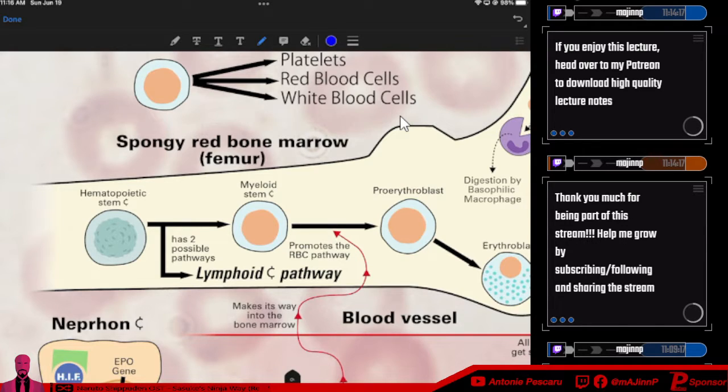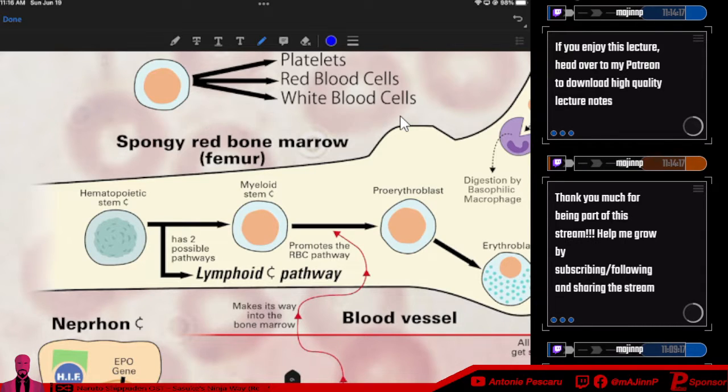What happens is you're always going to start with a hematopoietic stem cell, or a pluripotent stem cell, however you want to call it. In any case, this guy has two pathways when he divides. He can either divide into a myeloid stem cell or the lymphoid cell pathway. The lymphoid cell pathway is not what we're going to be getting into.